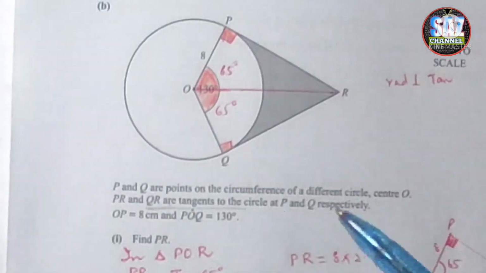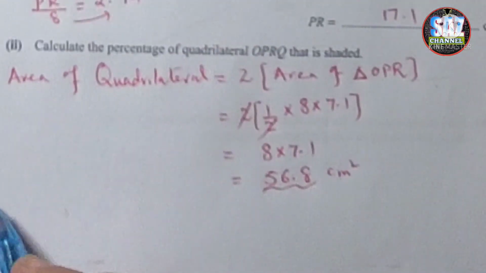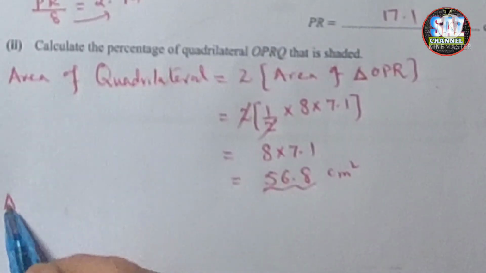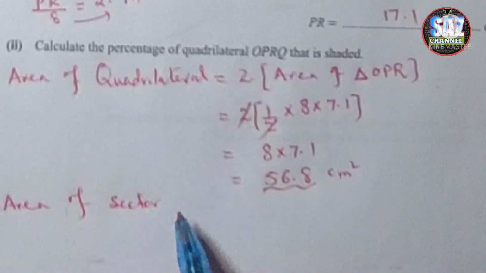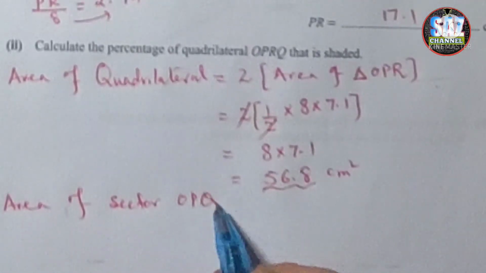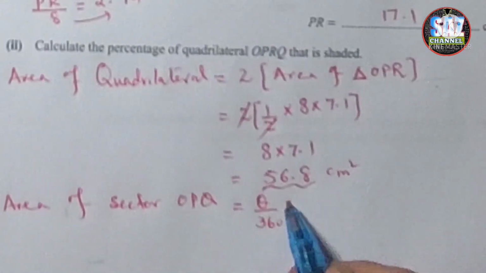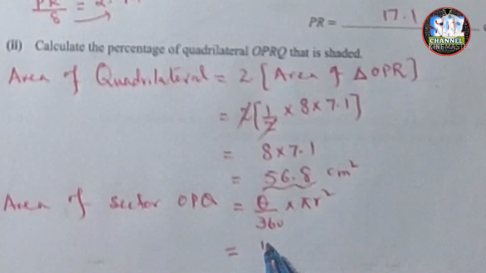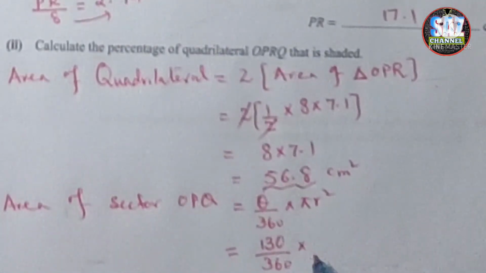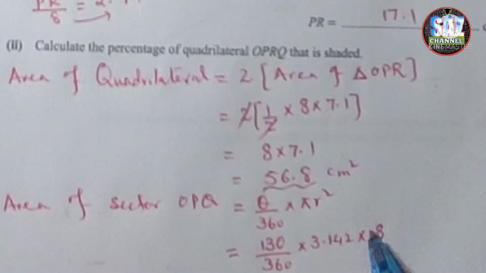Now the area of sector OPQ is theta upon 360 multiplied by pi r square. Theta is 130, divided by 360, multiplied by 3.142 multiplied by 8 square.